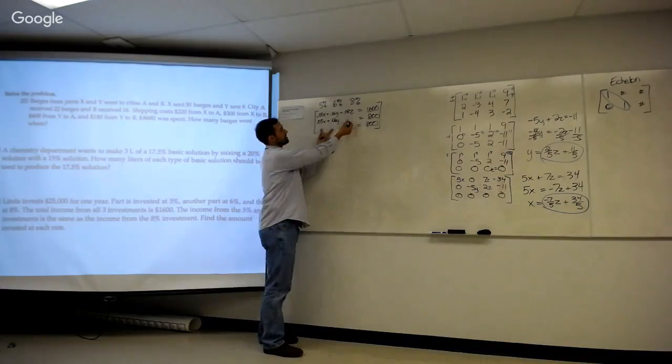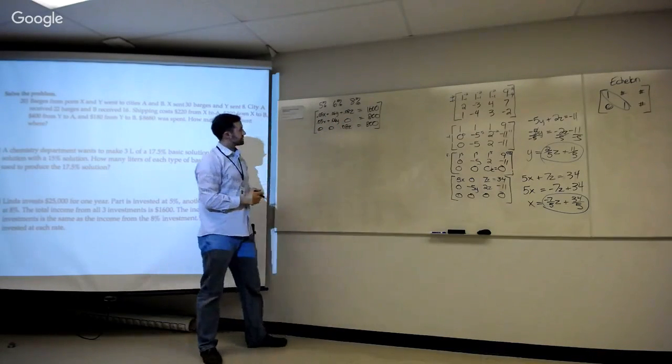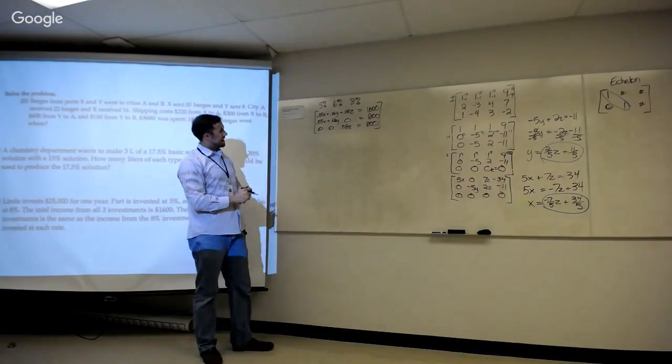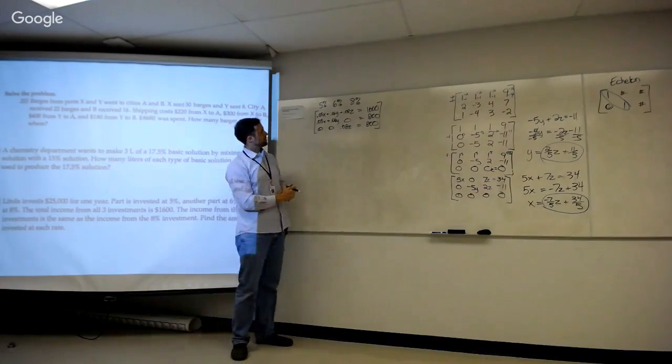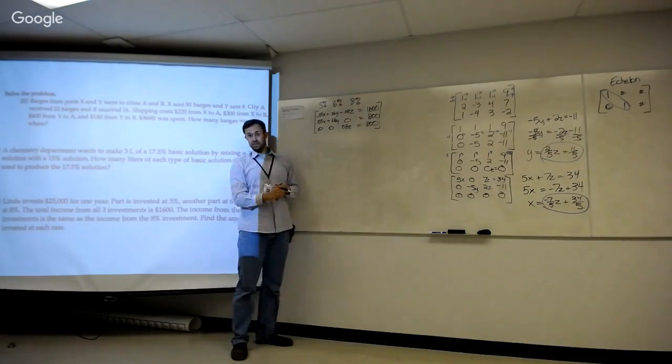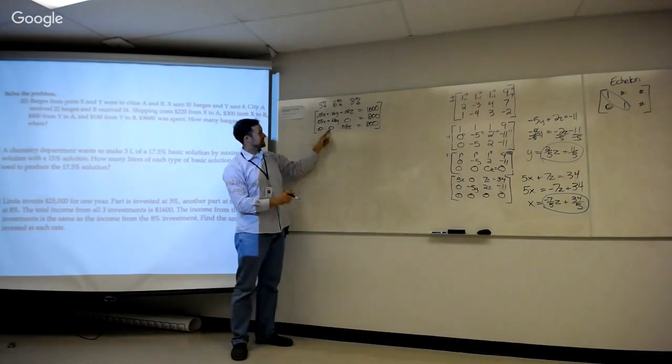What numbers go here, here, and here? Zeros. Right, because those are not part of the equation. Well, we now have a matrix that we can manipulate and solve. Now, keep in mind, we need a diagonal of 1s going down right here. And look at this last equation. Where's the only place that could be a 1?